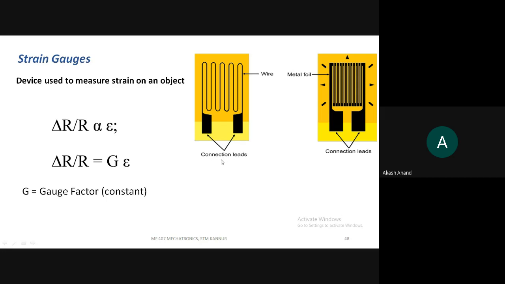You can see that, with the help of silver cladded copper wire, these two connection leads are connected. Actually, these two leads are connected to a copper wire which is cladded with a silver material. Okay. So that wire's length is just 2.5 millimeter. So you can imagine how small the size of the strain gauge is.